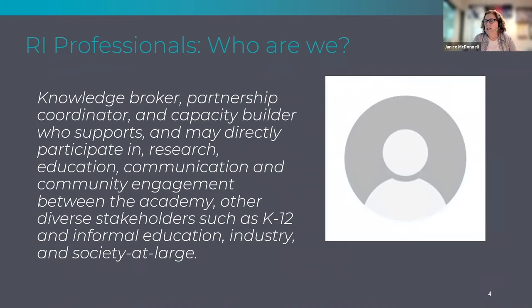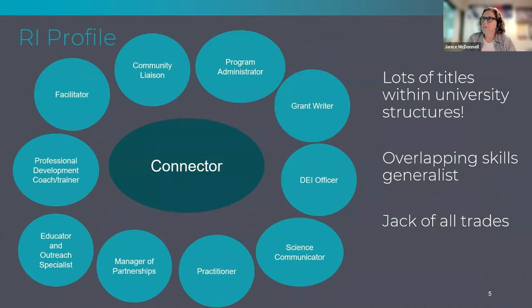But in reality, I think you'll see on the next slide that if we're going to build capacity in a very broad community of folks, we all come at it with very different titles within different university structures. We have very overlapping skills.